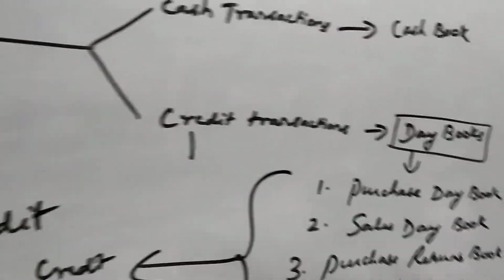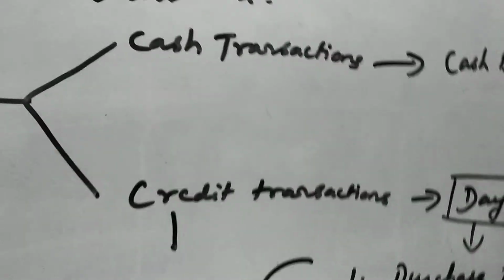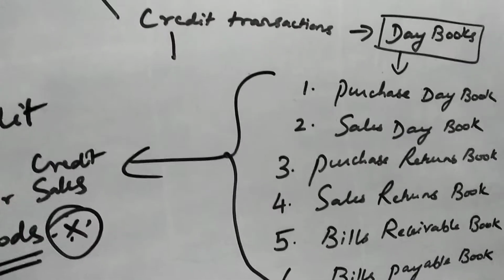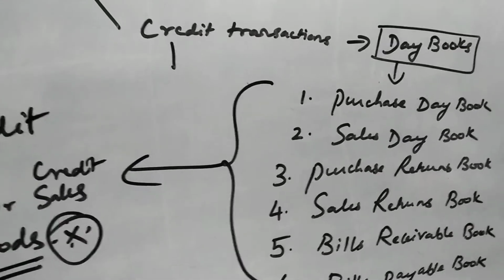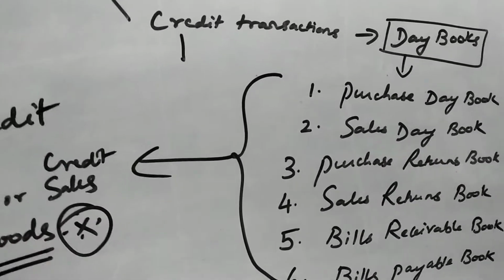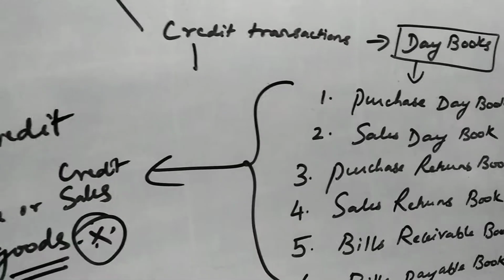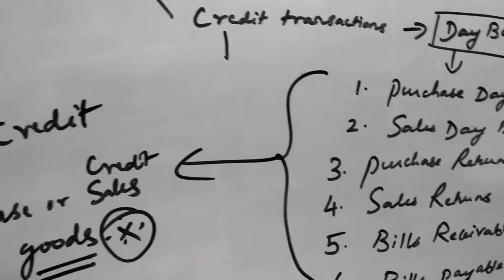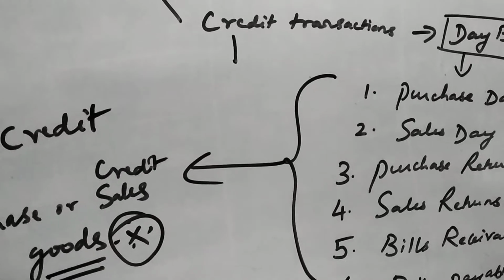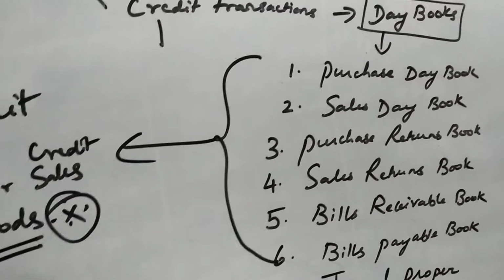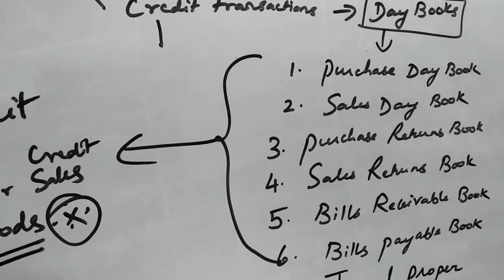So in case of any damage, goods will be returned back to the supplier. So in case of purchase, we have purchased goods on credit from X and company. And out of that, 5 goods are damaged and we want to return it back to X and Co. It is called as purchase return. This will be recorded in the purchase return book.